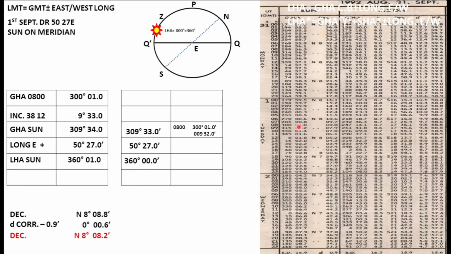From 309 the closest is 300. 315 is more. We could have done it with 315, but that is not the regular practice shown in the books. Maybe I'll talk about it when I'm talking about stars. So I look for the lower value, and I come to a lower GHA value of 300 and 0.1, which is for 8 hours.